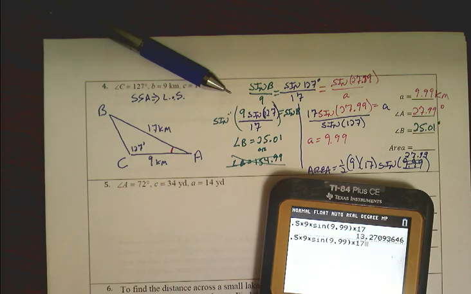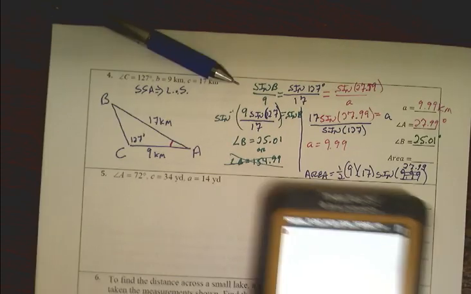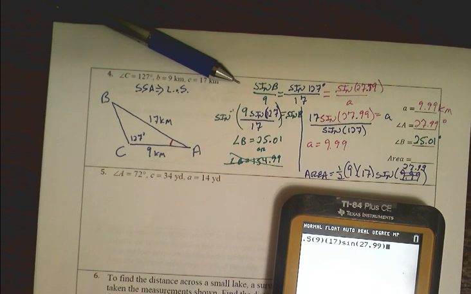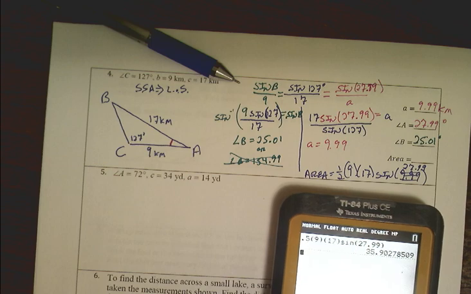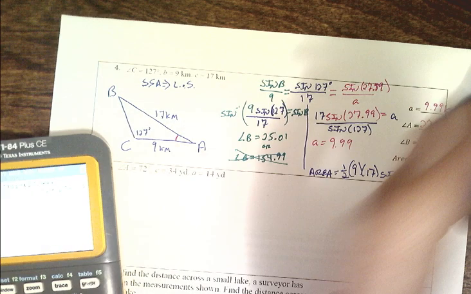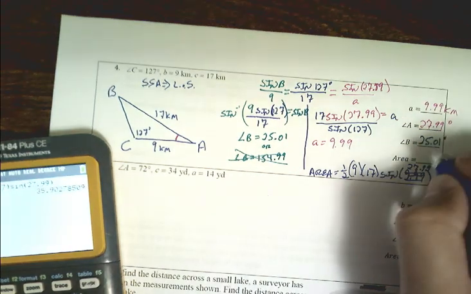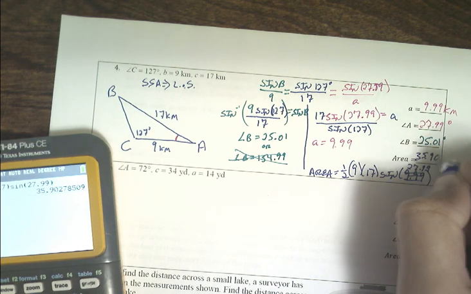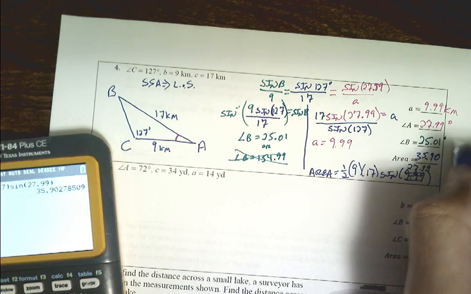Try this again. 0.5 times 9 times 17 times sine of 27.99. There, 35.90. Hopefully that one is right. I'm pretty sure it is. That looks much more reasonable than the other number. Kilometers squared.